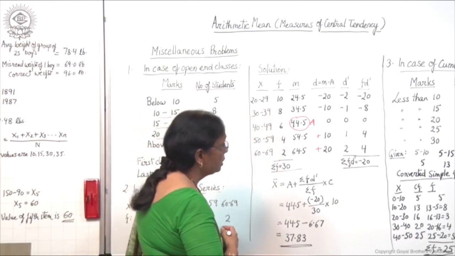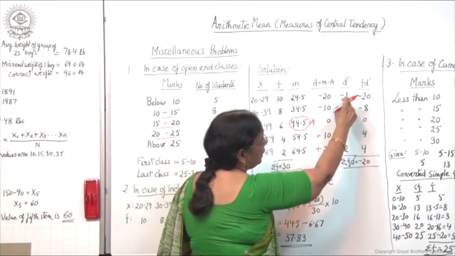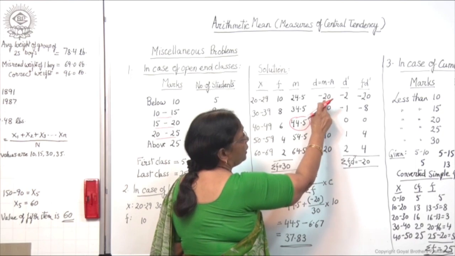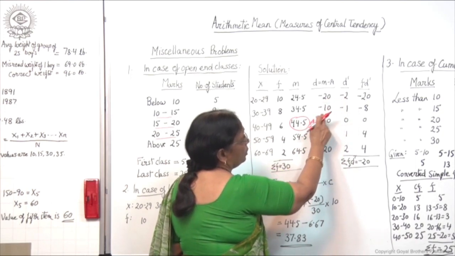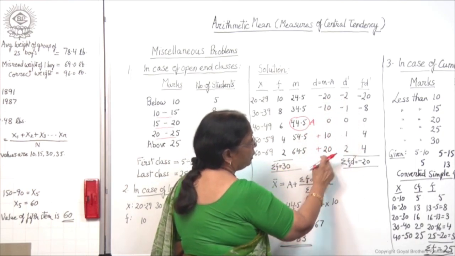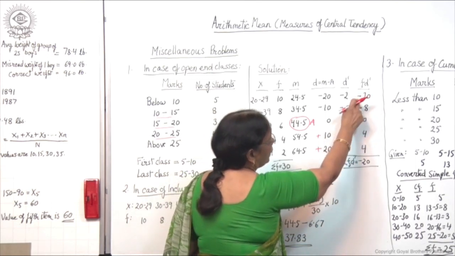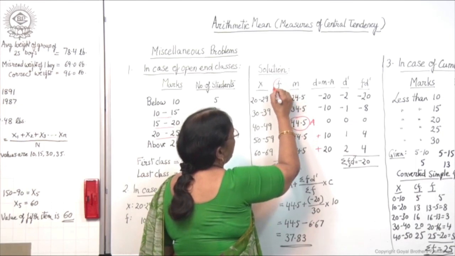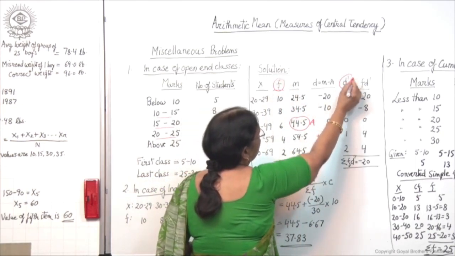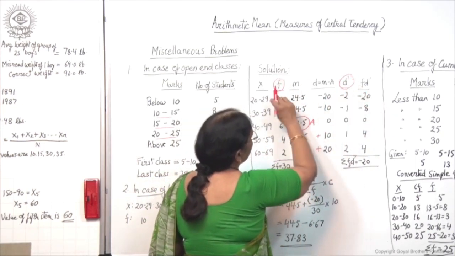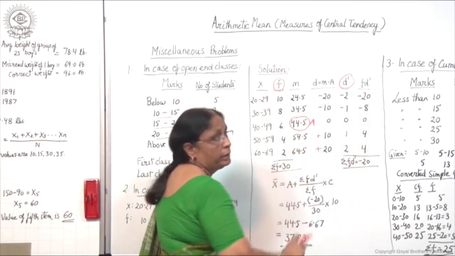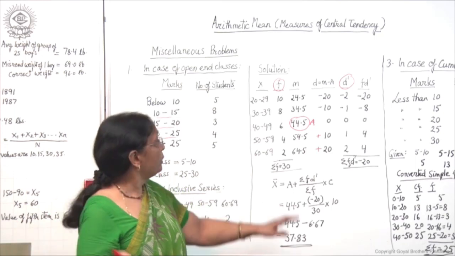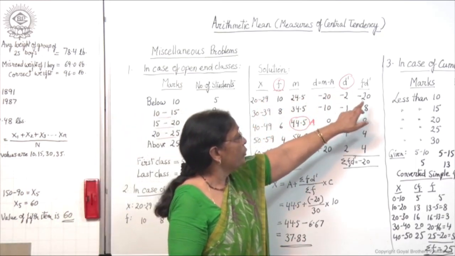Now in this case, first you will take the class interval and then divide the D column by the class interval. Divide minus 20 by 10 is minus 2, then again divide it as you did earlier. Then multiply this D dash with F. This is F, this is D dash. When you multiply F with D dash, you will get FD dash, right? So multiply F with D dash and you get FD dash.